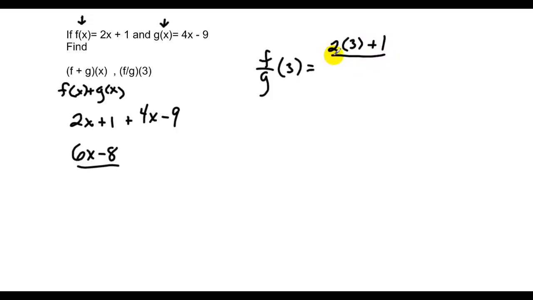And in the bottom, g of x, 4 times 3 minus 9. This is 6 plus 1 over 12 minus 9, giving me 7 over 3.